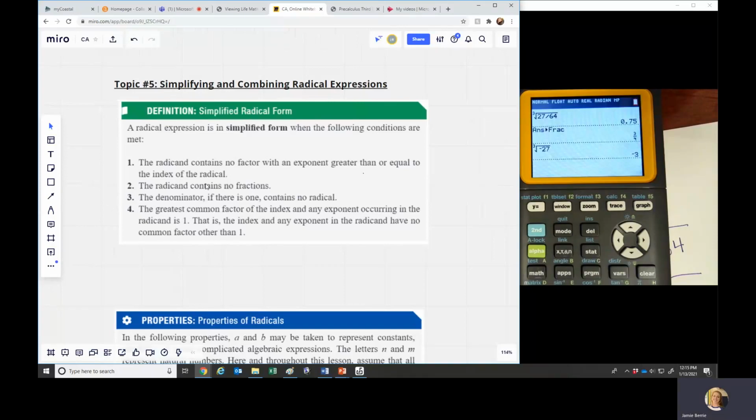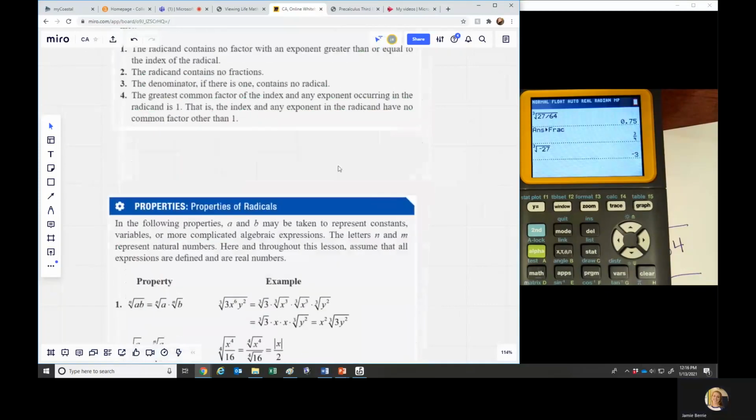The radicand should contain no fractions. And the denominator, if there is one, contains no radical. And the greatest common factor of the index and any exponent occurring in the radicand is 1. So that means the index and the exponent in the radicand should have no common factors other than 1.